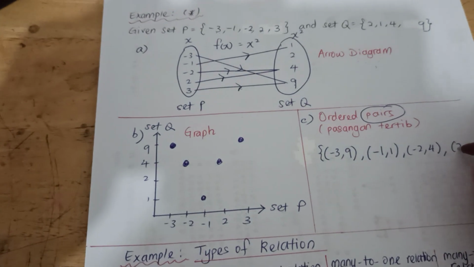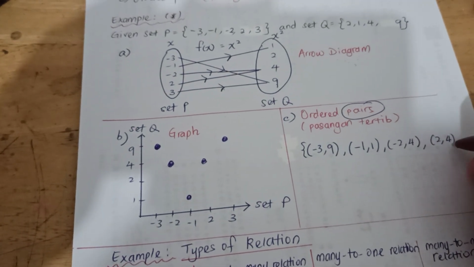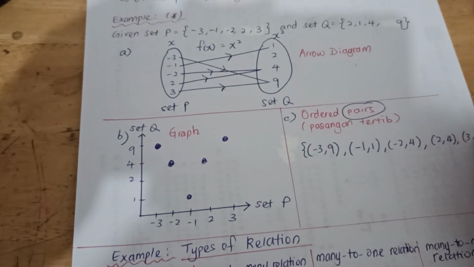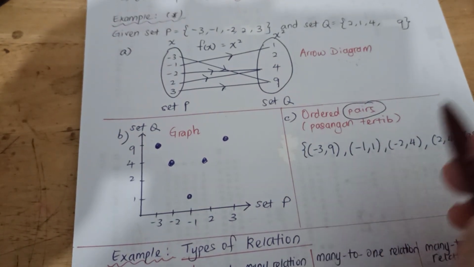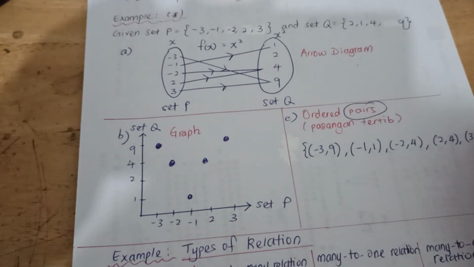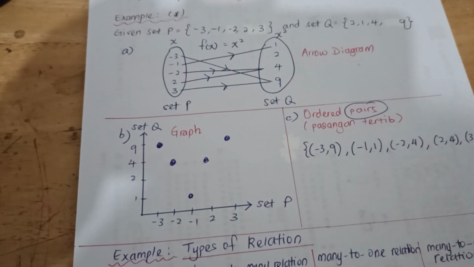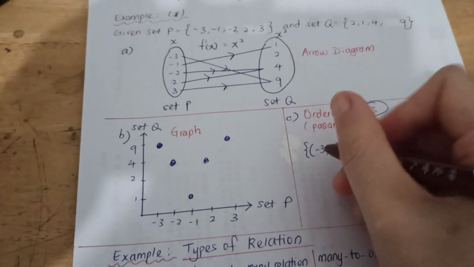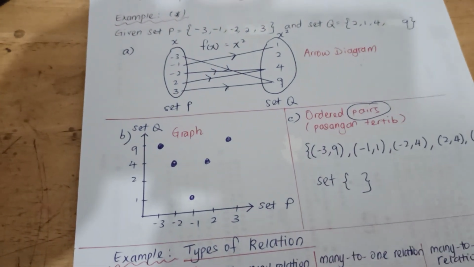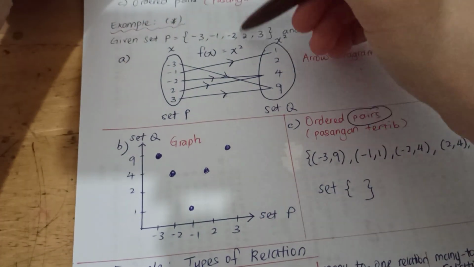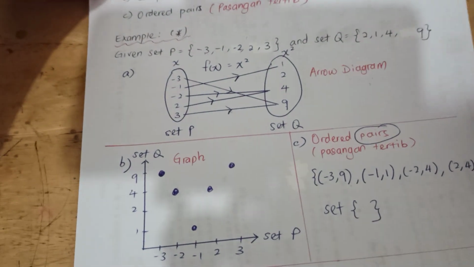And then 2 will match to 4. And last one, 3 will match to 9. After you close pair by pair, remember this bracket must use this special bracket. This is called set bracket. Must use this set bracket to close it. Okay. So these 3 represent our relation.